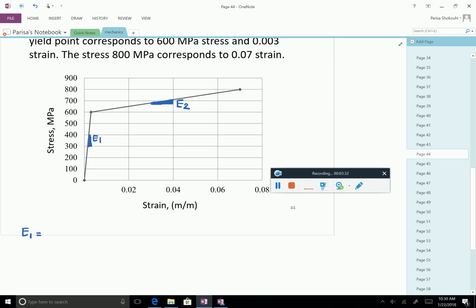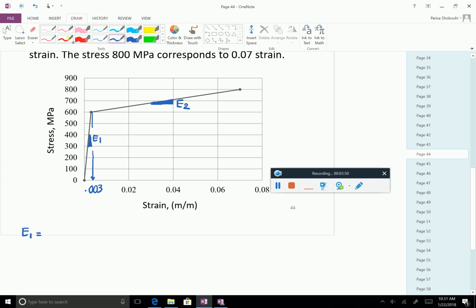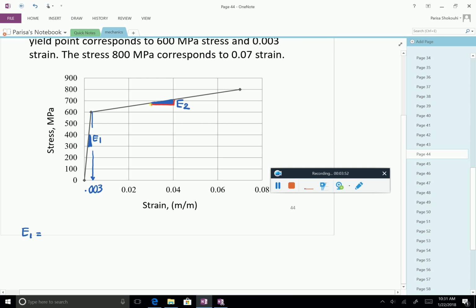So E1 and E2, how to calculate that? If you read the problem statement, this is 0.003.